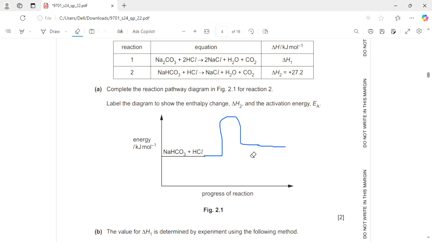Manually it is easy to draw, but on the computer sometimes you feel difficulty. Just sketch it. Here you will draw the activation energy EA. Here is delta H.